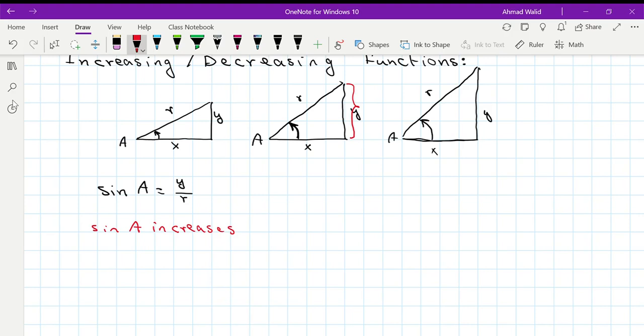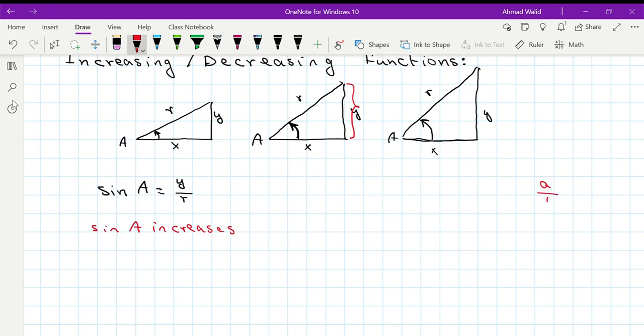Look at the cosine. As A is growing bigger, the length of cosine is decreasing. Why decreasing? Because the hypotenuse is changing, Y is changing, but X is kind of constant. It's not changing, correct? Look, there is a relation in fractions.